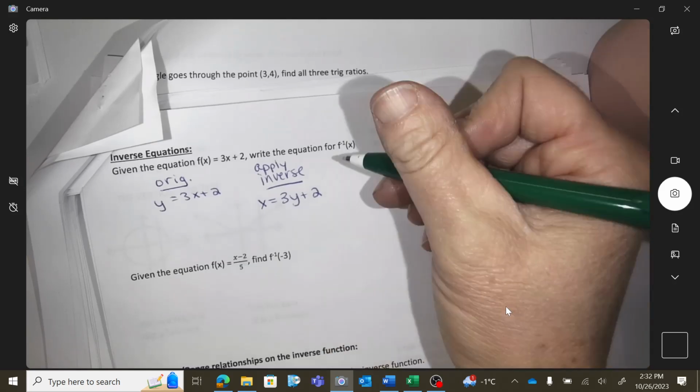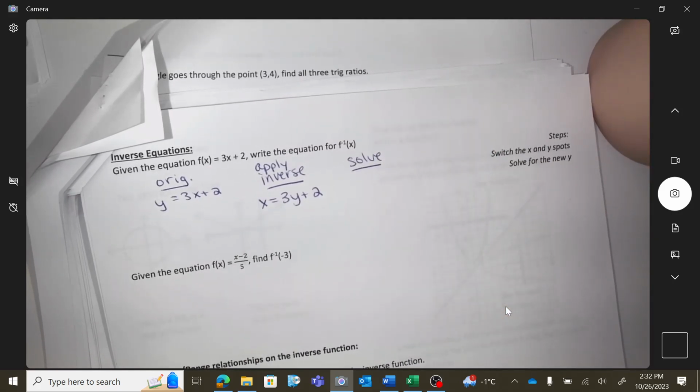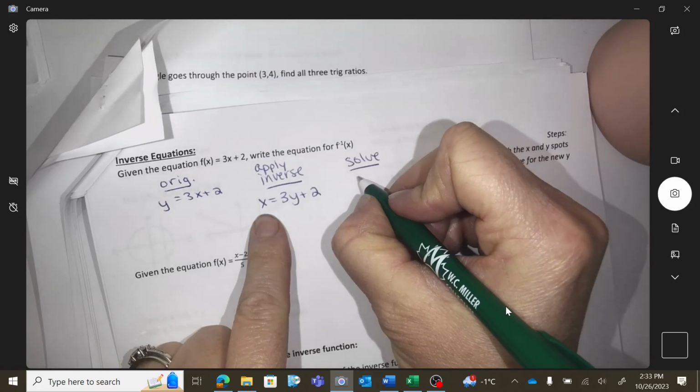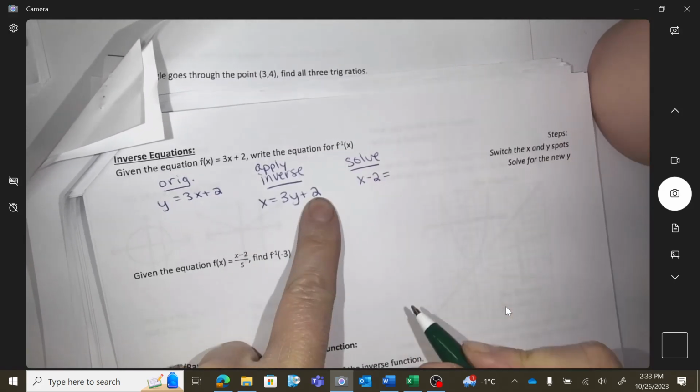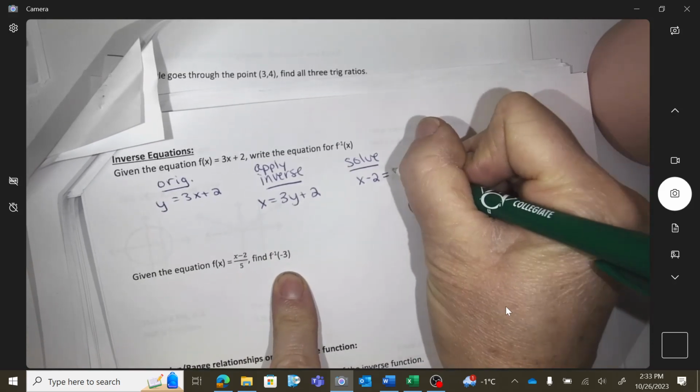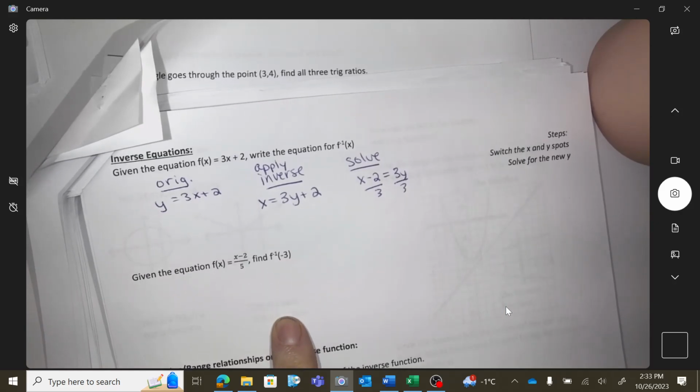Now, the next step would be I need to get y equals out of that. So you need to figure out that y. So would you be okay if I subtracted the 2? Subtract the 2? And I would divide by 3.